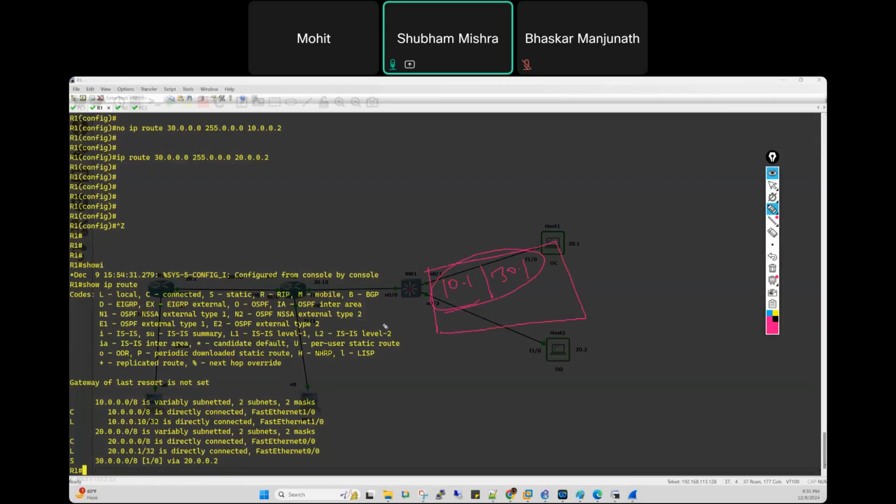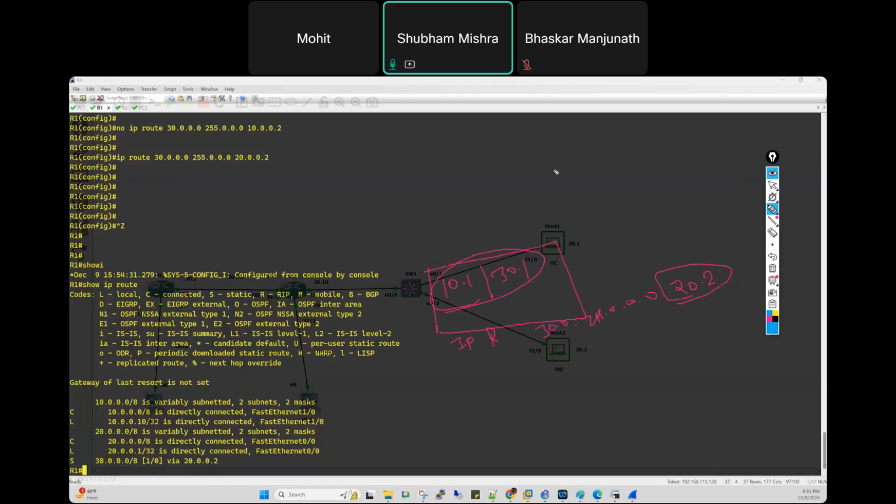And what you configured on the router? IP route 30 network 255.0.0.0 and forward this packet towards 20.2. Right? Yes or no? अरे बता दो भाई. यही तो है. Now, see very carefully what happened actually.